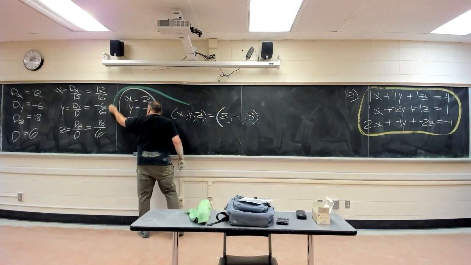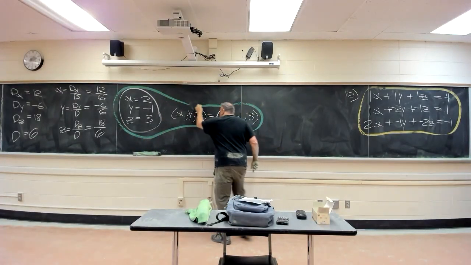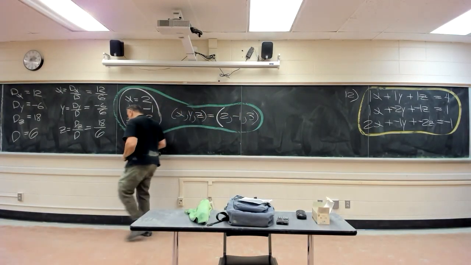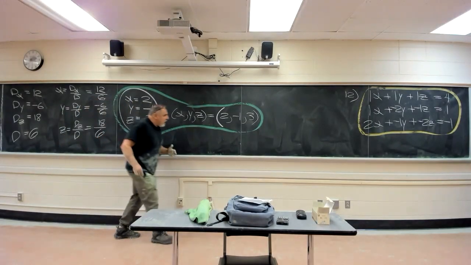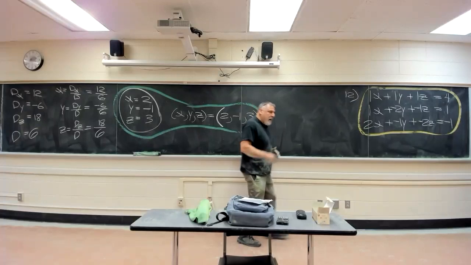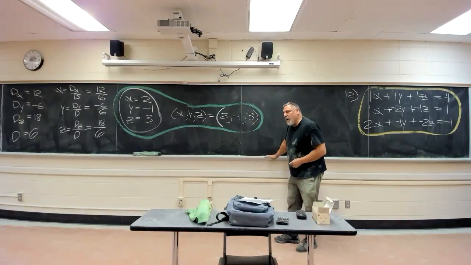Again, this stuff goes a lot faster if you're not trying to walk people through it, but obviously the job of the teacher is to walk you through it. So I did walk you through it. Afterwards, you're just going to play the game, or at least if you're comfortable with it, you're going to do it pencil and paper. It goes relatively quickly for 3 equations and 3 unknowns.